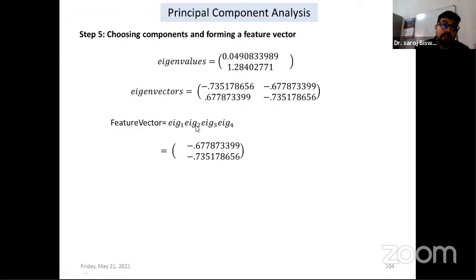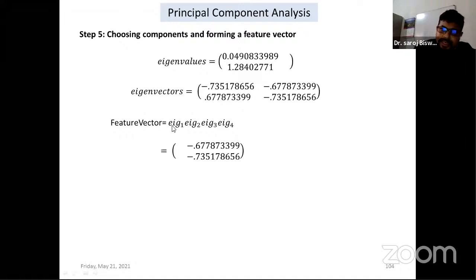This is eigenvalues, this is eigenvectors. When we form the feature vectors, we can give eigenvector 1, eigenvector 2, eigenvector 3, eigenvector 4, according to the values of the eigenvalues. This is the decreasing, or descending, order of eigenvalues, not increasing.